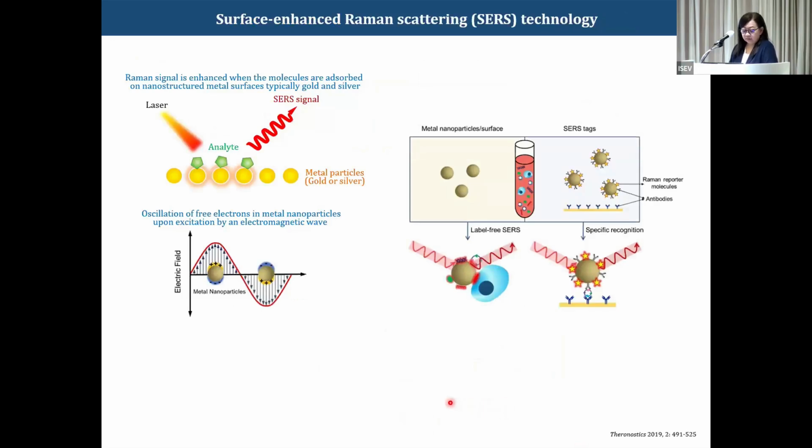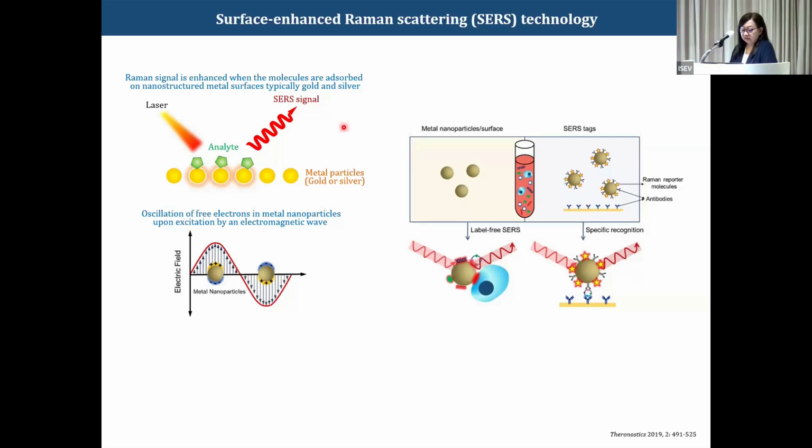So the next method is the surface-enhanced Raman scattering technology, as Andres mentioned before, which is a highly sensitive and specific way that enables simultaneous target detection. The Raman signals refer to the light that is scattered when a sample is irradiated with a light source.